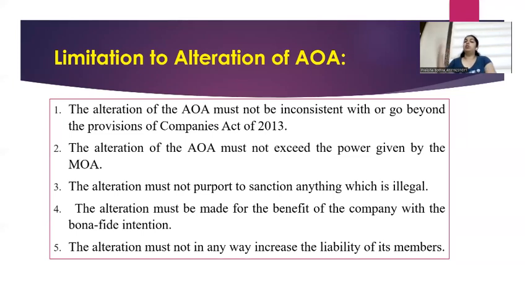Just for your information, manufacturing of arms and ammunitions without a license from the government is illegal. Unless you have a license, you cannot manufacture arms and ammunition. If you start doing that, that is illegal, and the NCLT can shut down your company completely. There will be police officers sent to shut down your company.